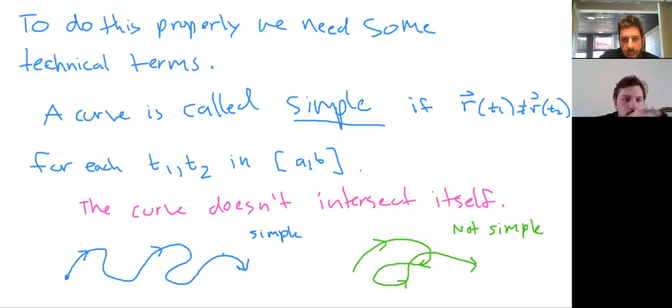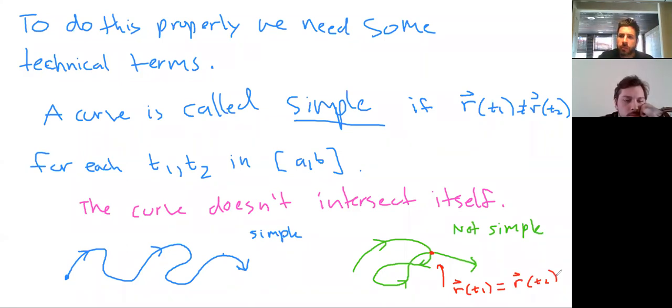So when I write over here r(t1) does not equal r(t2), this point right here, which I'll denote red, that point right there, we'll say this is r of t at some time equals r at some other time.